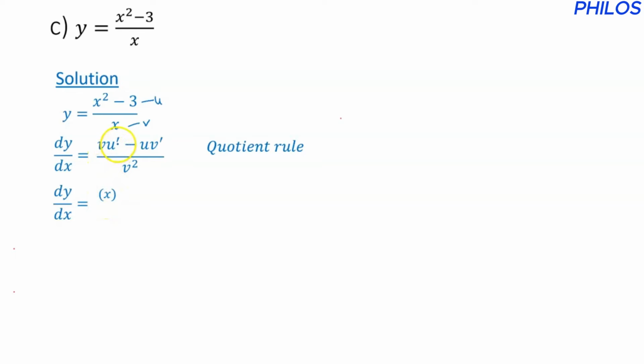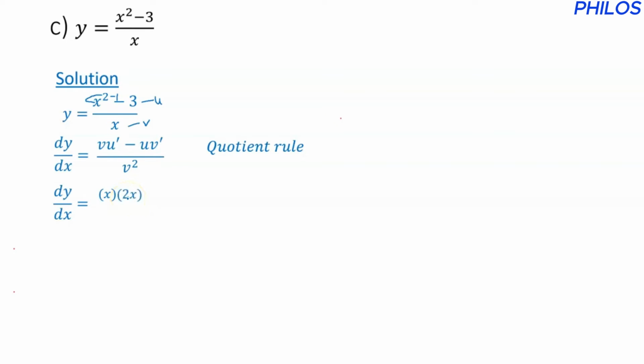Times u prime. U prime means we should differentiate u, which is the numerator, with respect to x. And to do that, we take the exponent and then multiply it by this, and then subtract 1 from the exponent. So that will be 2x exponent 1, because you have 2 minus 1, which is 1. So that will give you 2x.